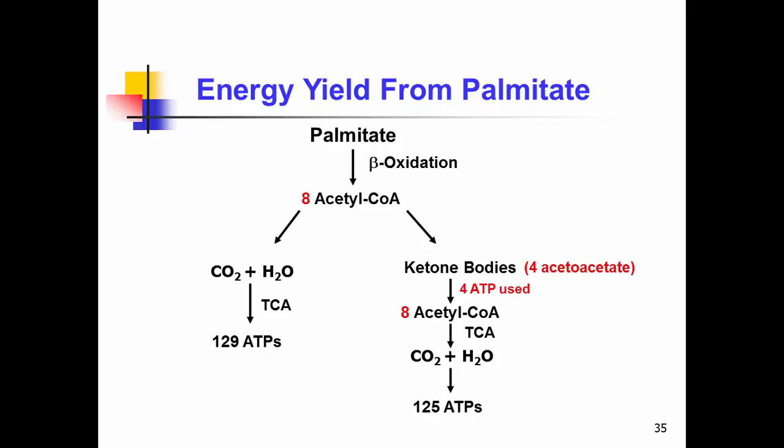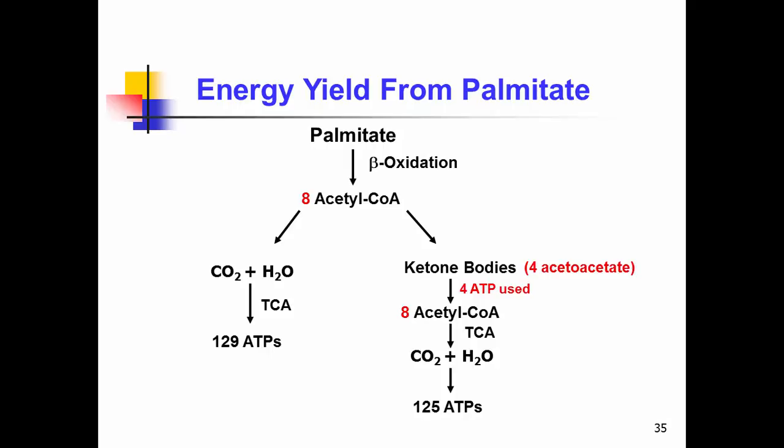And if the acetyl-CoA generated from fatty acid oxidation is not completely oxidized directly, but is utilized for ketone body generation, and then the ketone bodies are utilized for energy production, you will actually have less ATP produced going through this process, right?